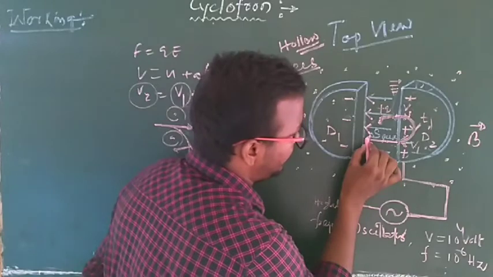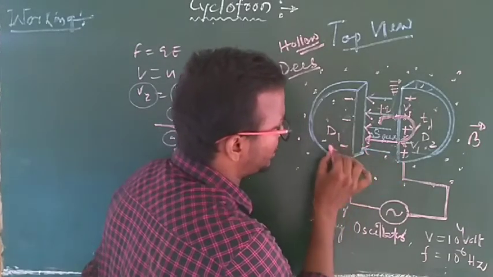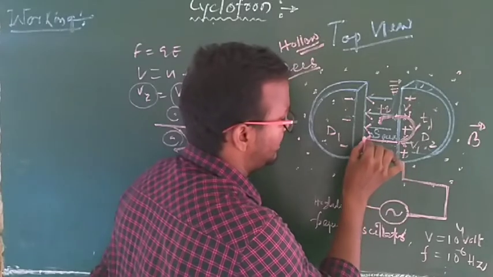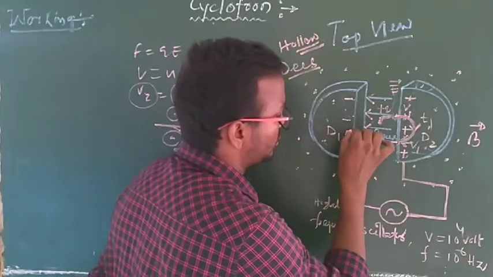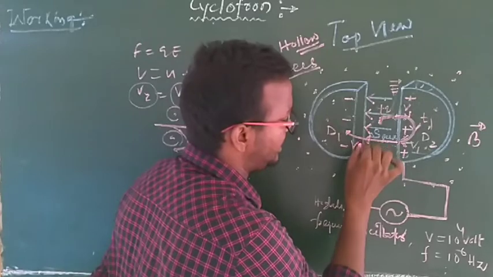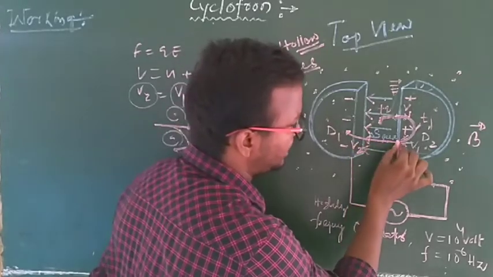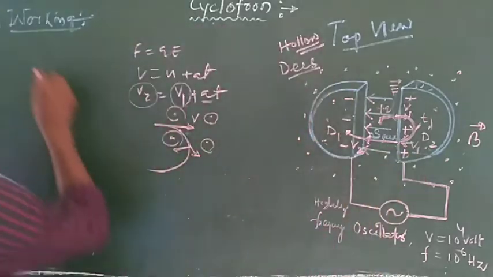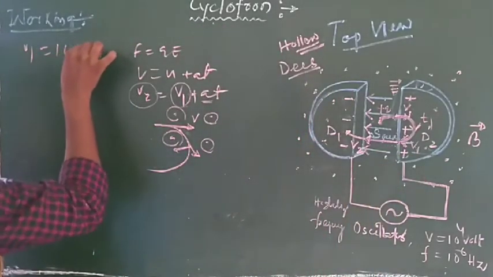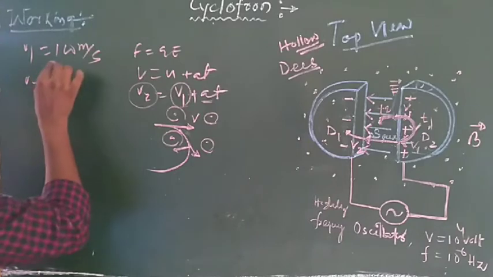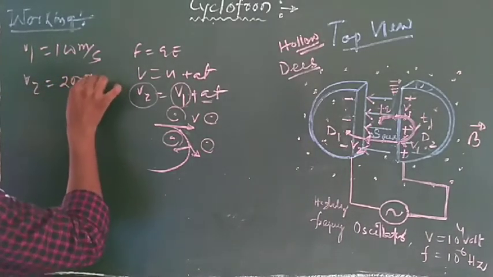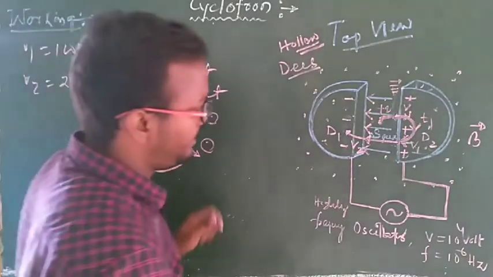Now when the charged particle just enters the disk D1 with velocity V2, because here the velocity changes from V1 to V2. Suppose V1 equals 100 meters per second, now V2 equals 200 meters per second, changed by the electric field.